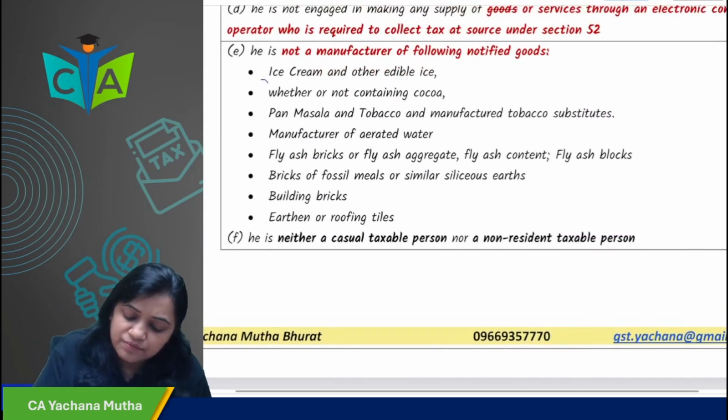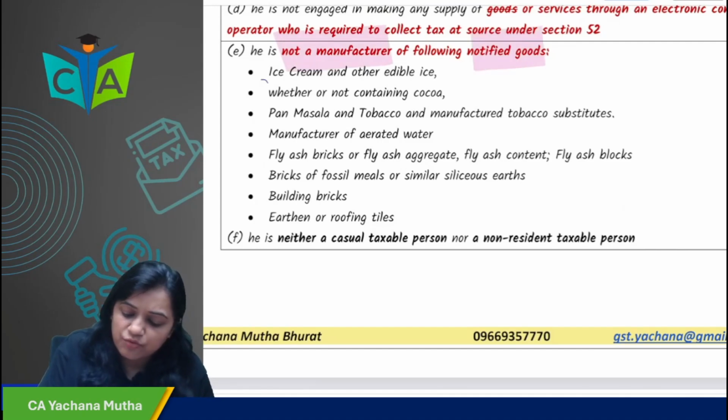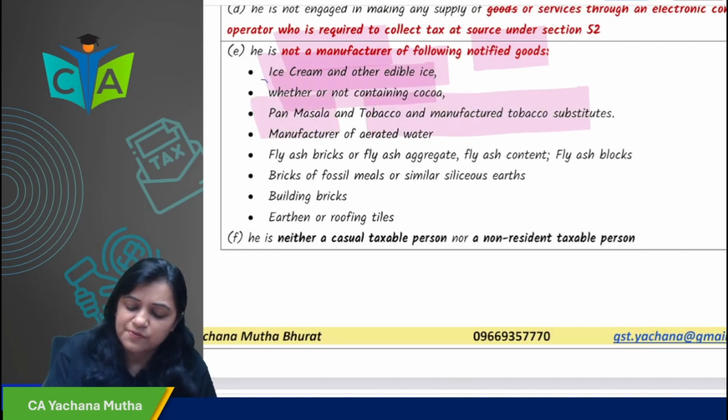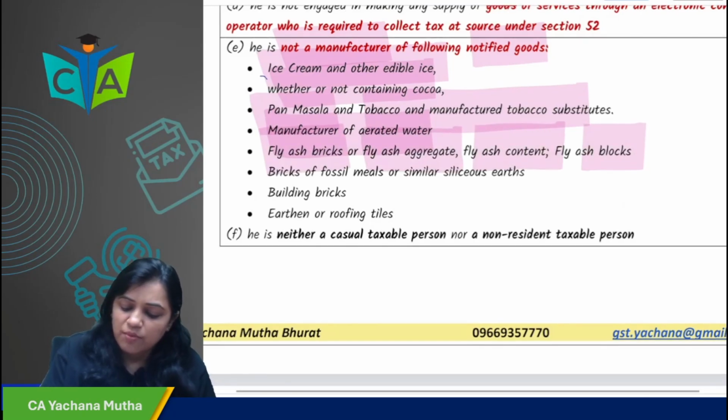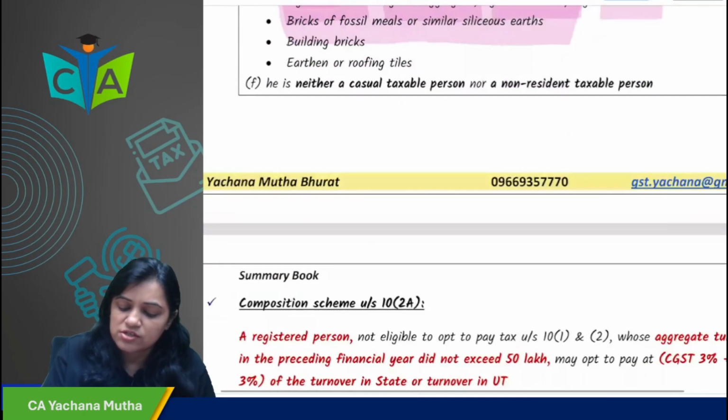He is not a manufacturer of following notified goods: ice cream or other edibles, whether or not containing cocoa, pan masala, tobacco and manufactured tobacco substitutes, manufacturer of aerated water, fly ash brick, fly ash aggregate, fly ash content, fly ash blocks, bricks of fossil meals or similar siliceous earth, building bricks, earthing or roofing tiles.